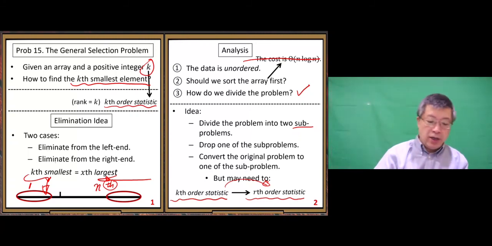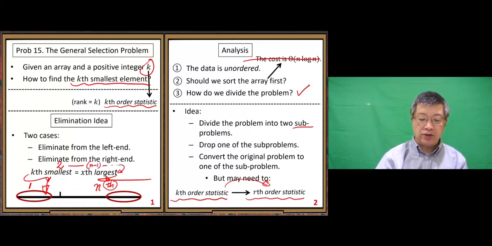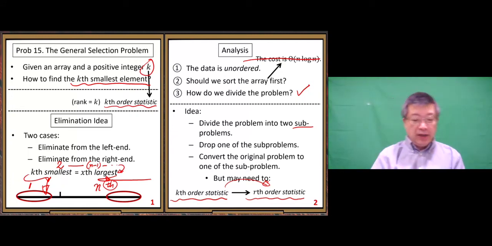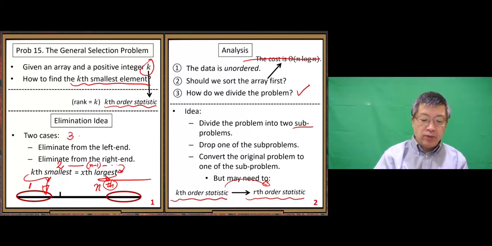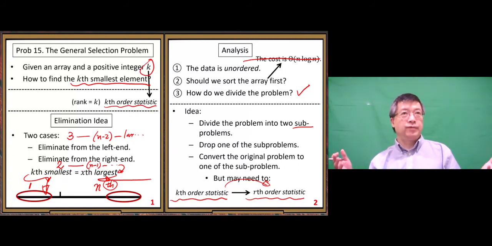Second smallest corresponds to n minus 1 largest, right? Third smallest corresponds to n minus 2 largest, right? So you can get that.